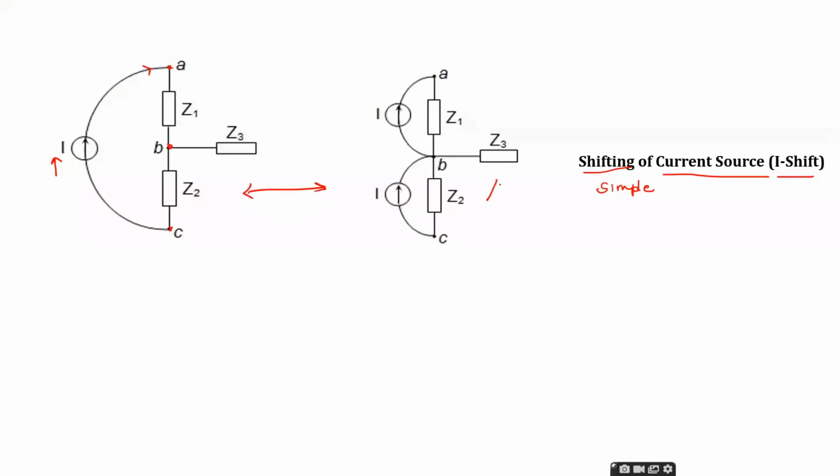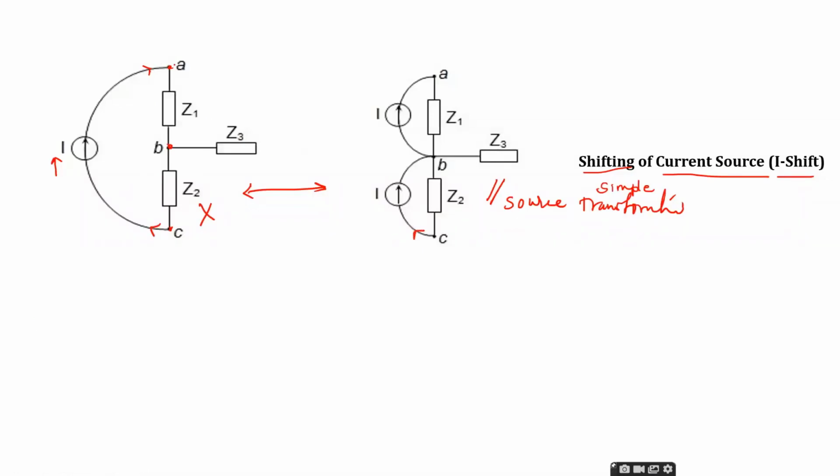The advantage of this network is we can apply the source transformation. But here, this source transformation cannot be applied. So you can see here, compare these two networks. The current I is leaving the node C, and the same thing is happening.